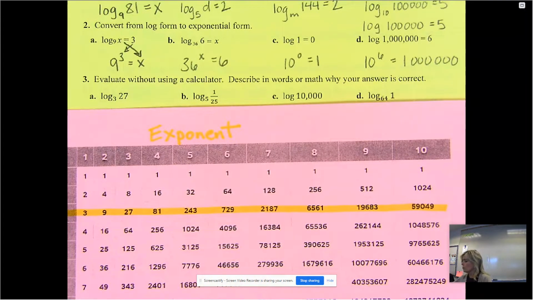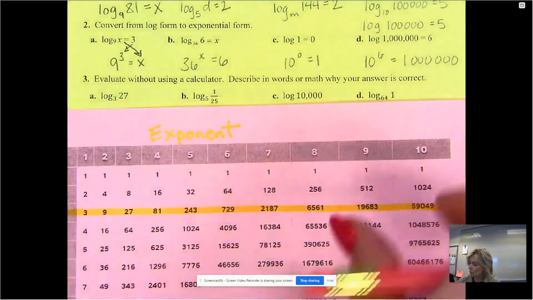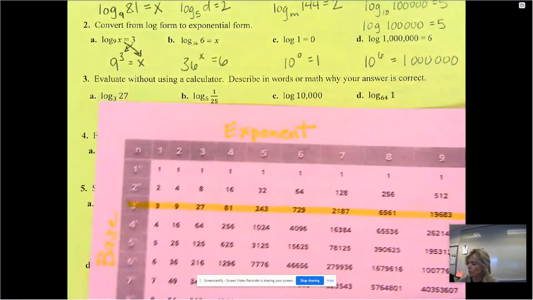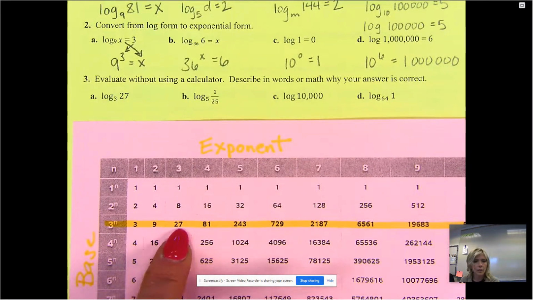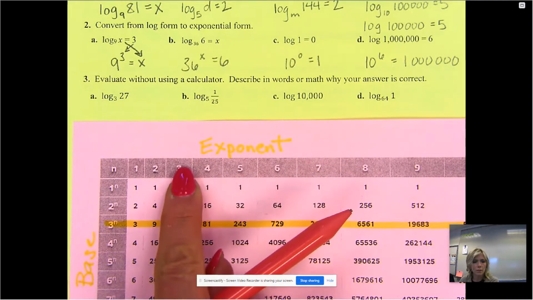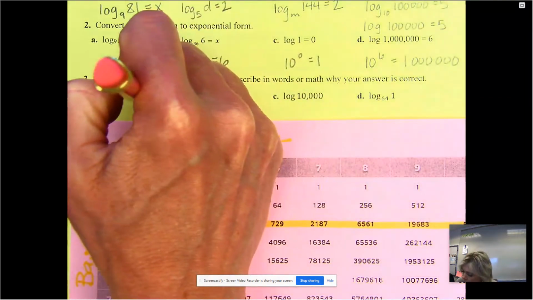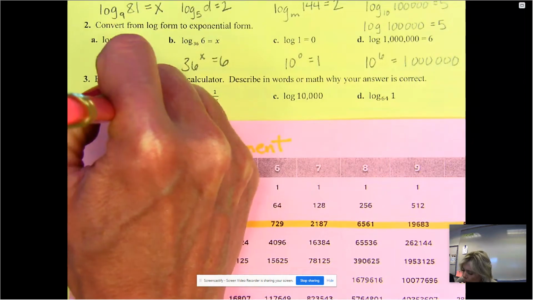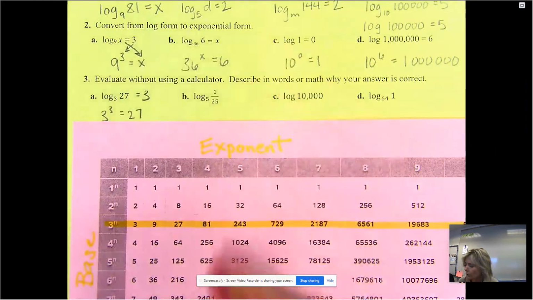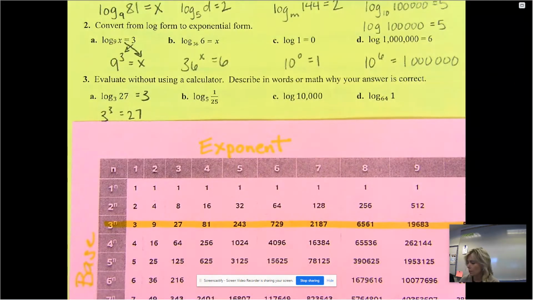So for the first one, the base is 3. So I go to the 3 here, follow it over until I get to 27. This is the answer. So this is equal to 3 because 3 to the third is 27. That's the math fact I used from the table to make that happen.